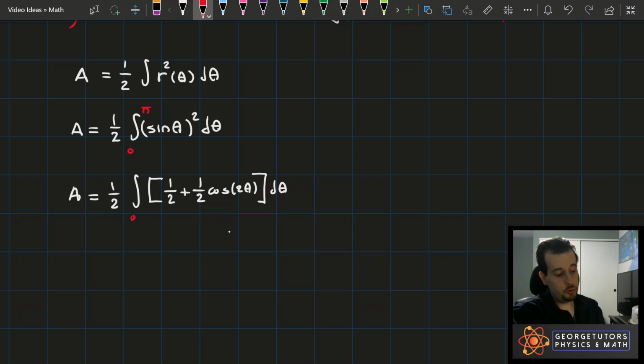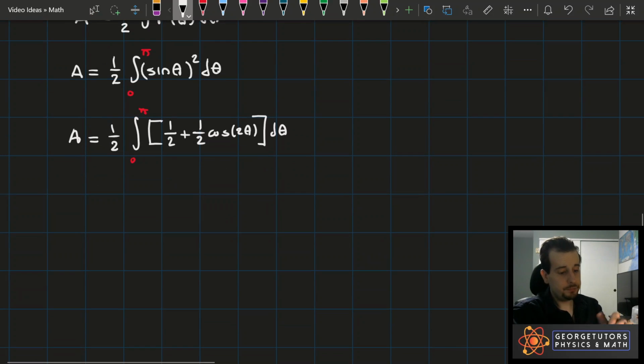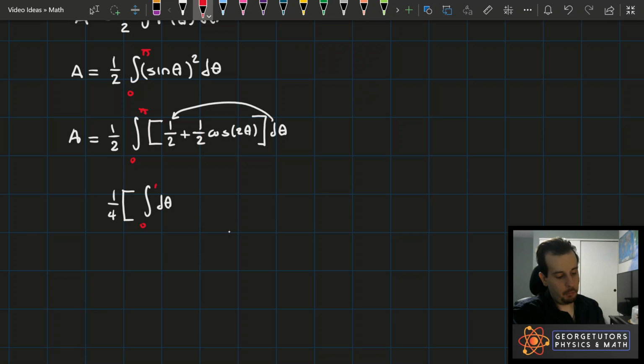And the bounds are still going from 0 to pi. Now, what you can do is factor the 1/2s all the way outside to get 1/2 times 1/2, which is 1/4. Open a bracket, and then we're going to simply have the integral of d theta from 0 to pi as our first integral.